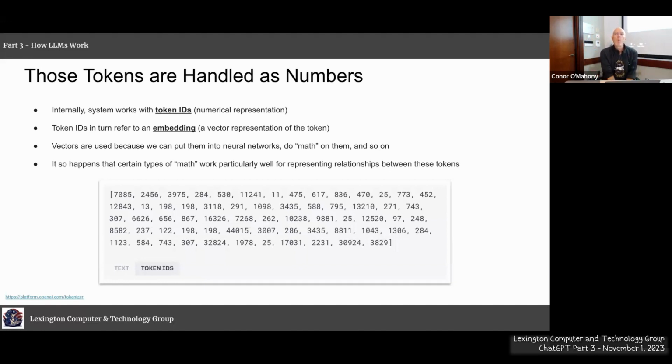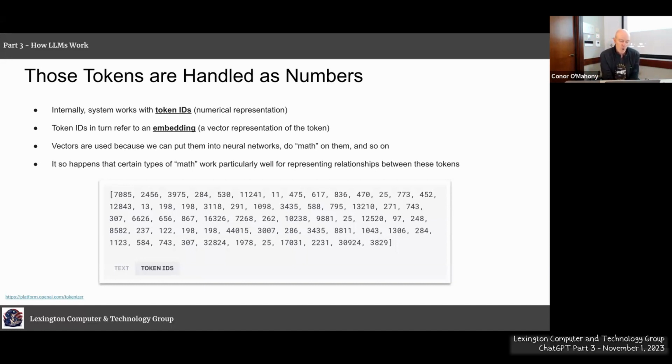Now, why are we working with vectors to represent the meaning of a word? Well, we want to work with numbers because we want to use a neural network. And for that, we need to be able to do some math in the neural network.